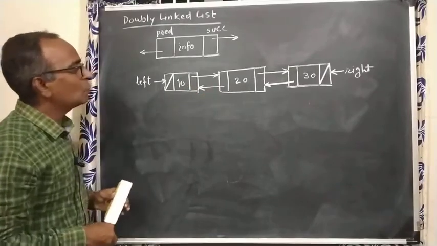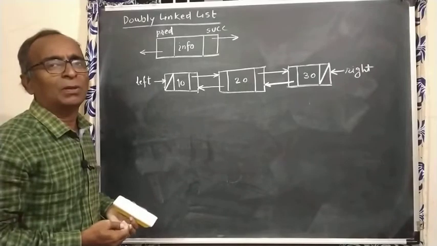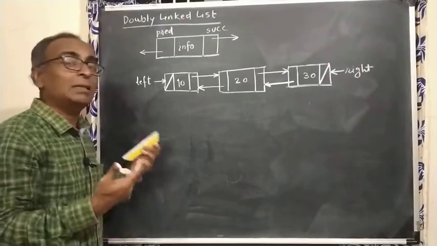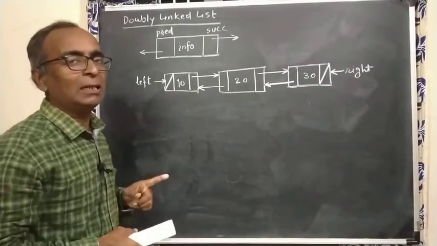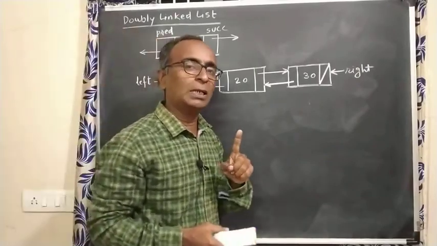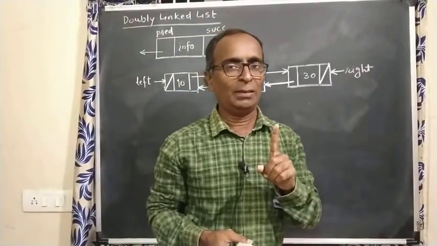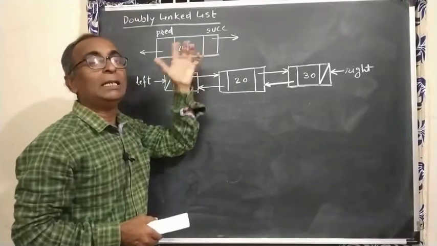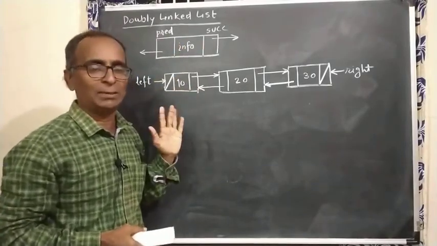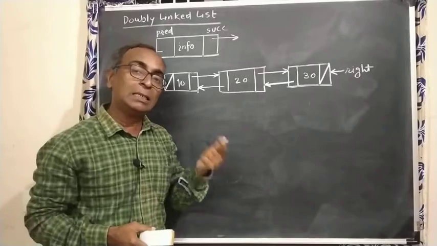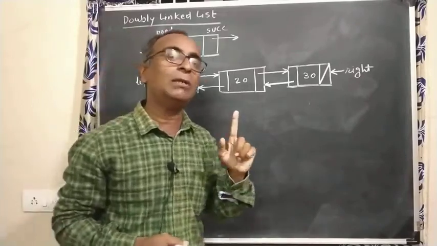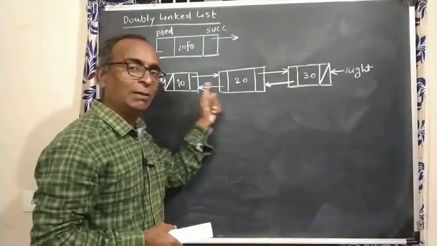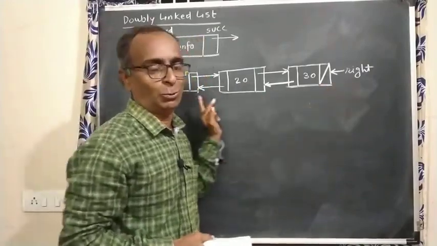Now what advantage do we get from a doubly linked list over a singly linked list, or what are the differences? In a singly linked list we have seen each node contains only one pointer, right? Then in a doubly linked list there will be 2 pointers in each node. Now we can say in a singly linked list we can traverse in only one direction, but in a doubly linked list we can traverse either from left to right or right to left also.